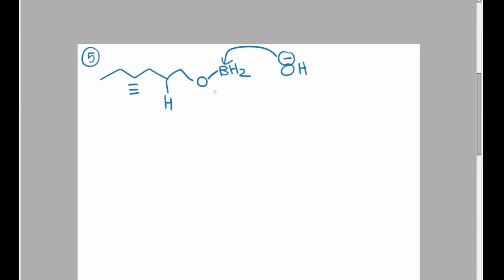And of course, we always have to have an opposite reaction. So this bond right here is going to disassociate into lone pairs. And then we'll have a product that looks like this, and a byproduct of BH2OH, which comes from this hydroxide ion reacting with the BH2.